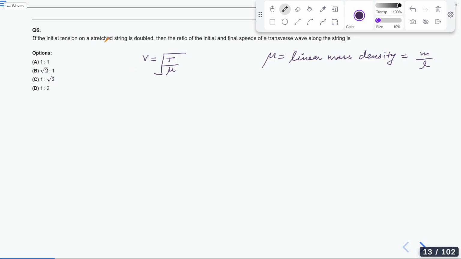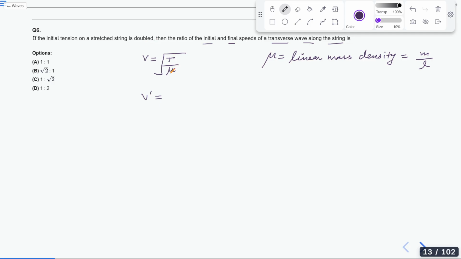So if the initial tension of the stretched string is doubled, then the ratio of initial and final speeds of a transverse wave along the string. So this is the initial speed. Now, in the final speed, what have we changed? We have changed the tension.